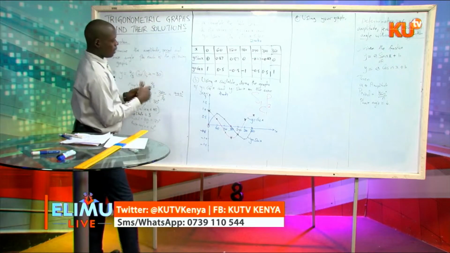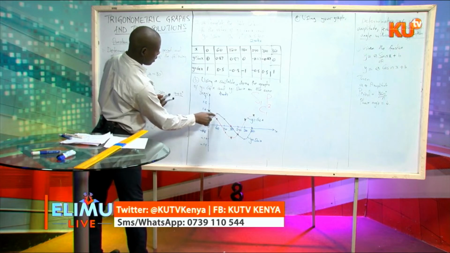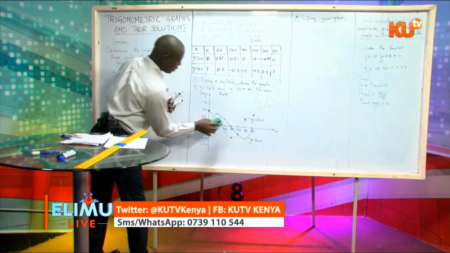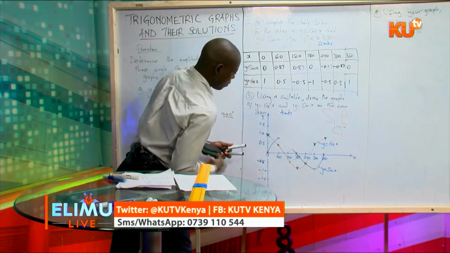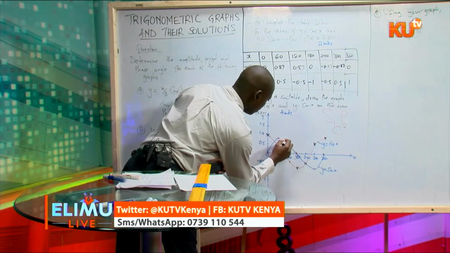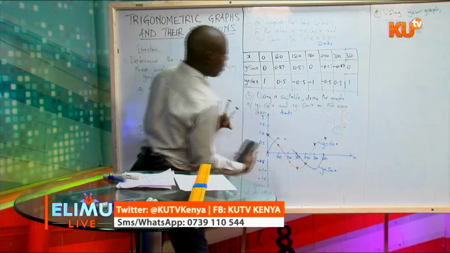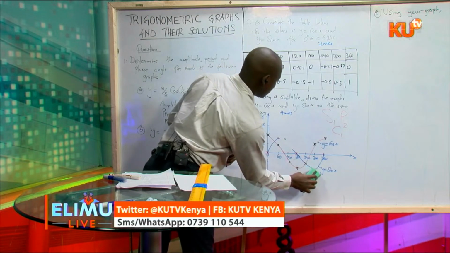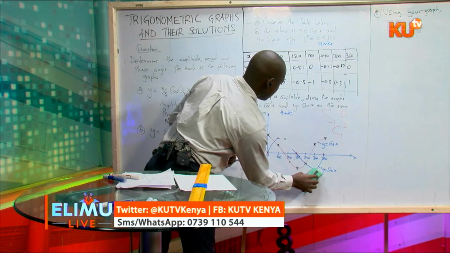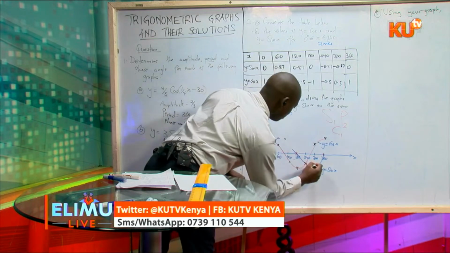That is for the first curve, so 0.87. So we'll simply change it here. So we have 0.87. And then again, the lower side, 300 and 240. This is 0.87.